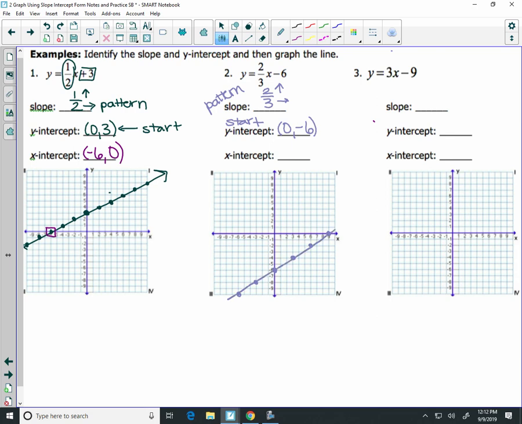Here's a couple ways that I check my work without using Desmos. 1, if I have a positive slope, which way should my line be going? Uphill. Okay, so if I have a positive slope, which I do here, I should have an uphill. The other thing is we are graphing lines. That is this unit. This is linear equations.